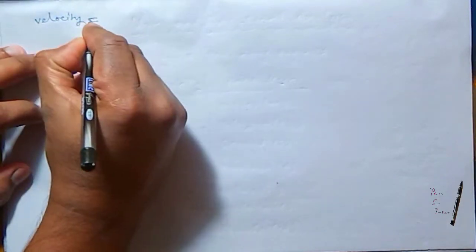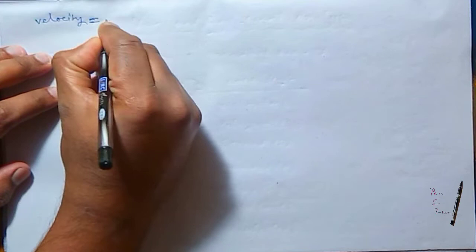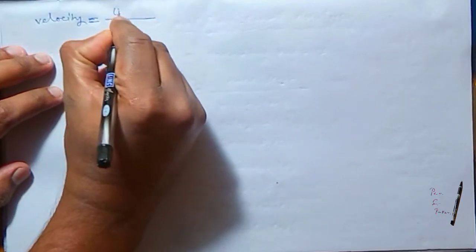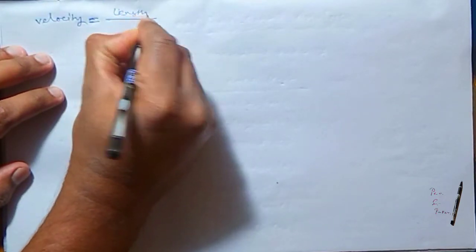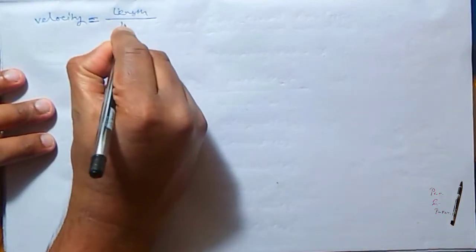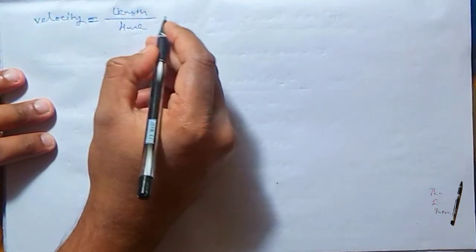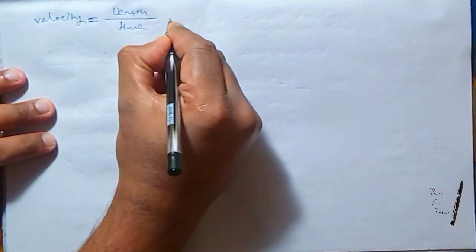Velocity is the distance traveled in unit time. So if we write the equation of velocity, it will be length per time. Distance is basically just length.